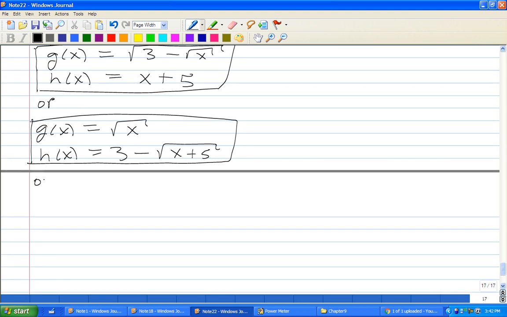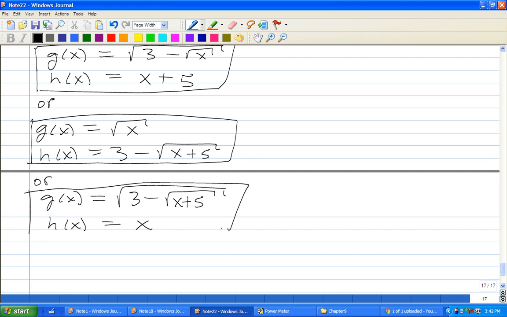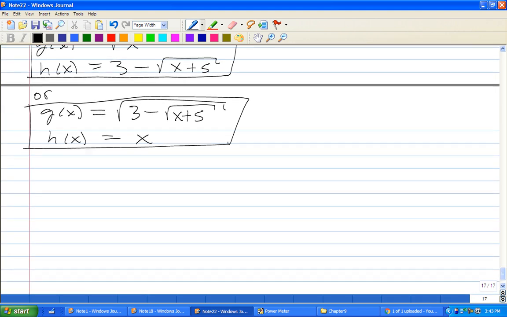Or maybe I'll just give you one more, the trivial one, g of x equals radical 3 minus radical x plus 5, h of x equals x. So that one always works. Maybe I'll give you one last one, which also always works. Let g of x equal x, h of x equal the original function, 3 minus radical x plus 5.